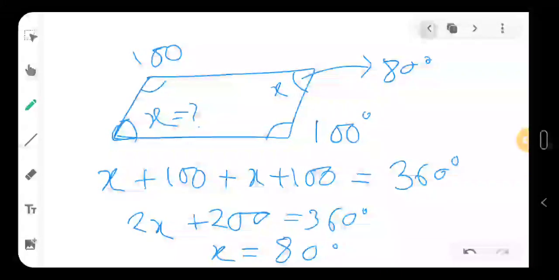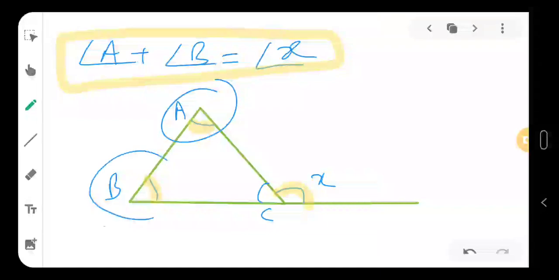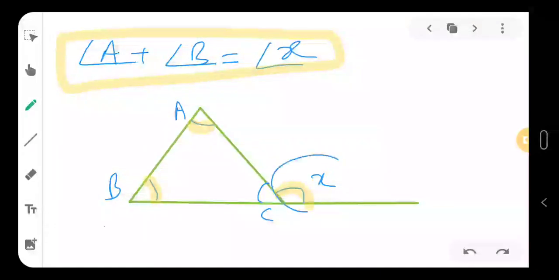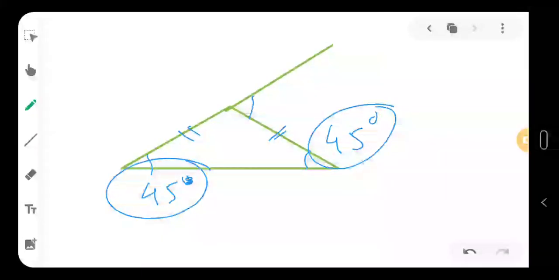And we can use that formula which we were talking about, that if we add the two inside angles, we will get the external outside angle. So here I can write that this plus this will be equal to this outside one.